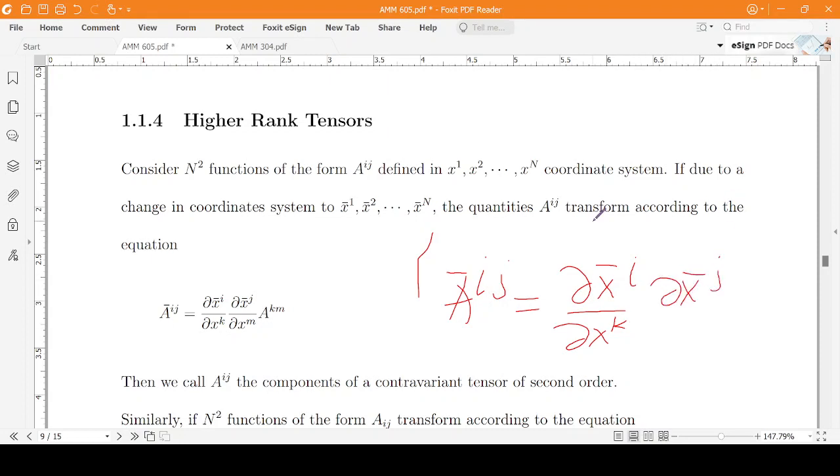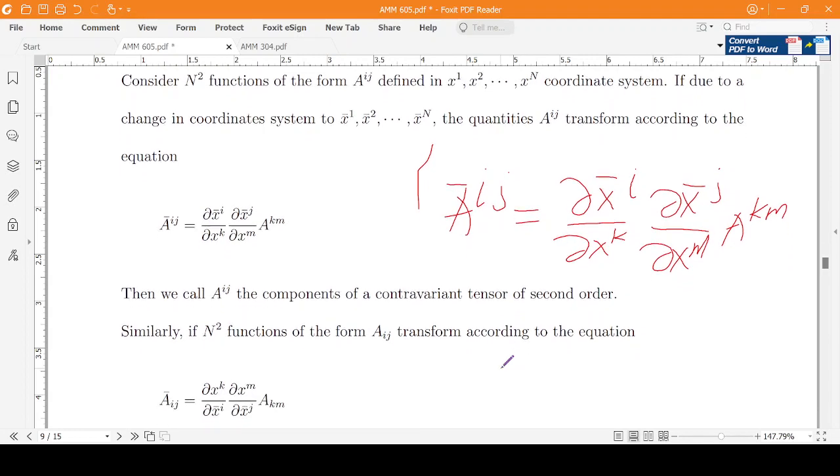You see j is the contravariant index here, by dxm. Then we have akm. Then we say that these components aij form the components of a contravariant tensor.